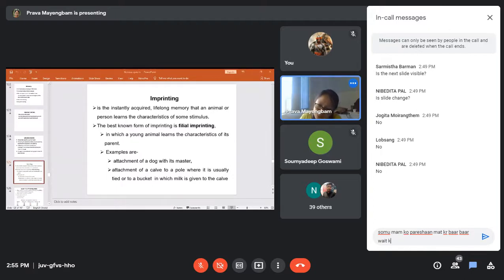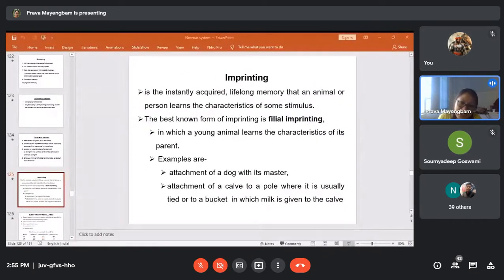So that is called filial imprinting. That means a young animal learns the characteristics of its parent. For example, the attachment of a dog with its master, or the attachment of a calf to a pole where it is usually tied, or to a bucket in which milk is given to the calf.